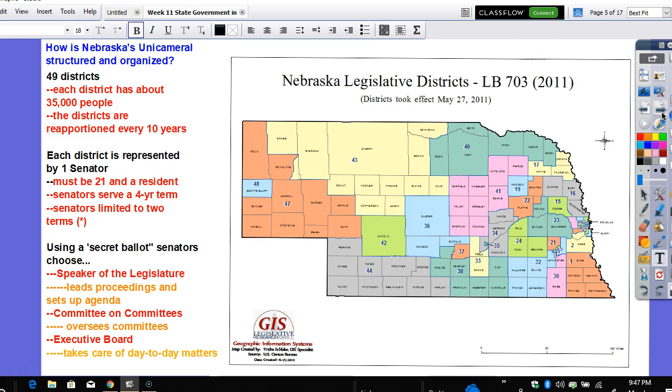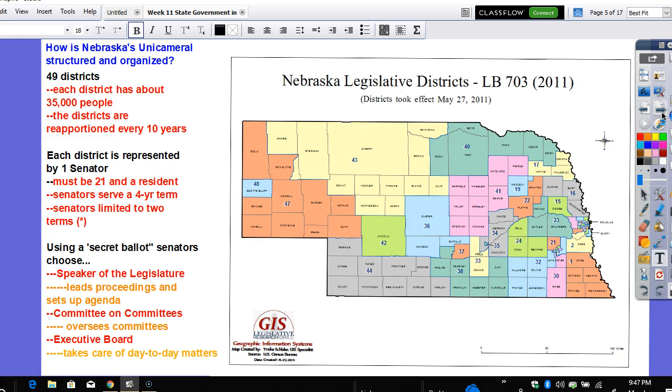And then the state senators also choose the Committee on Committees. It's the Committee on Committees that oversees the various committees within the state legislature. They're also the group that assigns committee assignments. And we've talked about how important those committee assignments are.